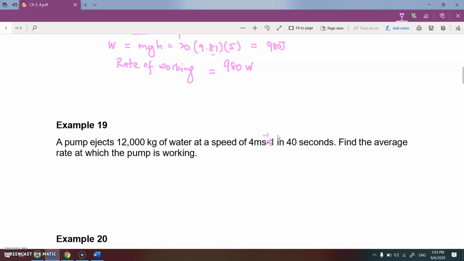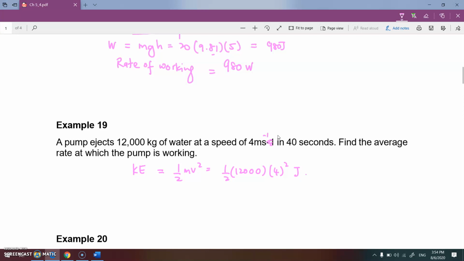For this question, we have to consider the kinetic energy. So it is half mv squared. So we have half times 12,000, and then 4 squared, joules.